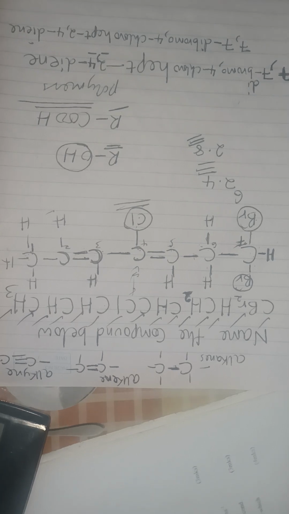With bromo, because alphabetically B comes before C. Then 4 dash chloro, to mean the chlorine atom is attached on the 4th carbon. Then hept dash 2,4: the first double bond on the 2nd carbon atom, the other on the 4th carbon atom. And because there are 2 double bonds, you say diene. Very good. That becomes our answer.